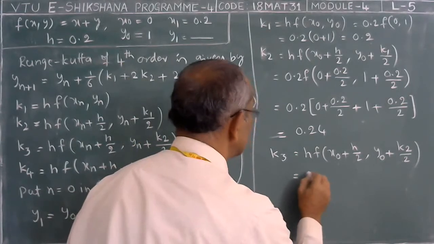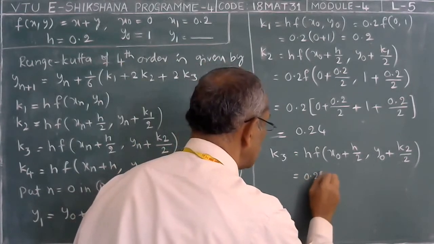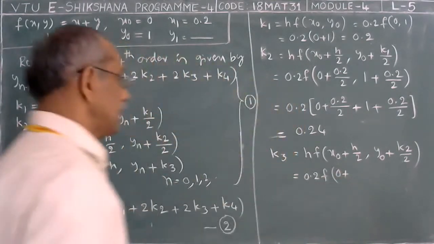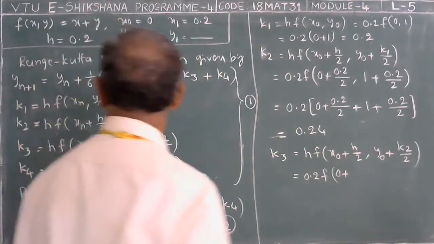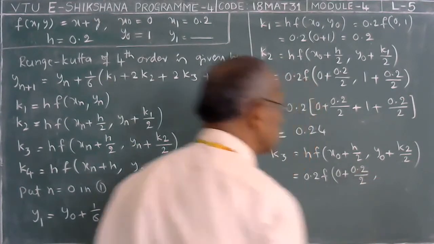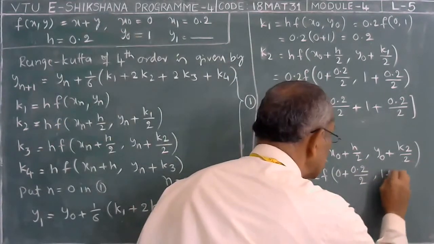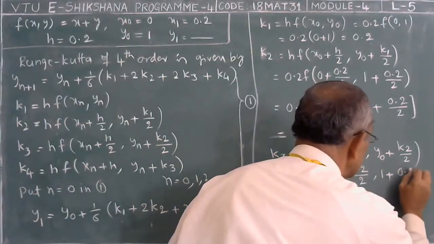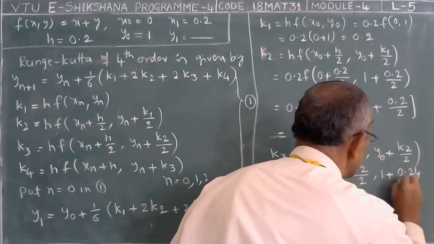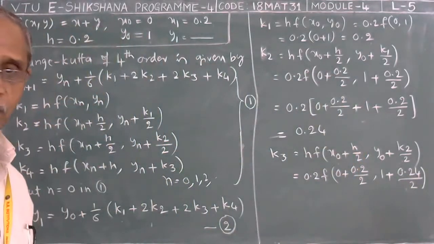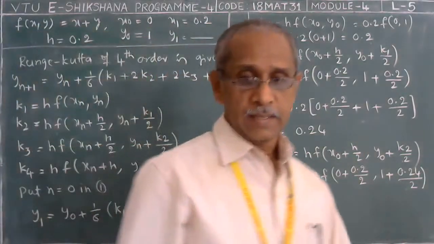So h is 0.2 into f of x naught is 0, h by 2, 0.2 divided by 2, y naught is 1 plus k2 by 2, k2 is 0.24, 0.24 divided by 2.